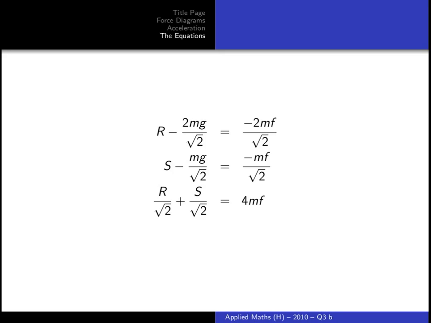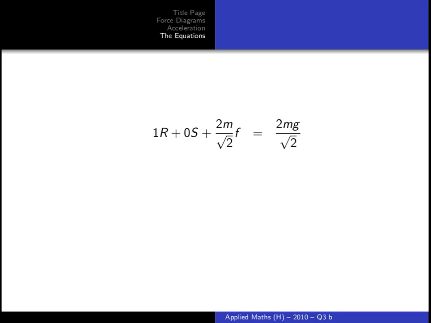So what we do next is just write each of the three equations in the order R, S and F. So you can see in the first one we have one R, no S's, and we have an F term on the right which we bring over to the left and bring the constant over to the right. So just rearrange them in the normal order, putting what we want last.